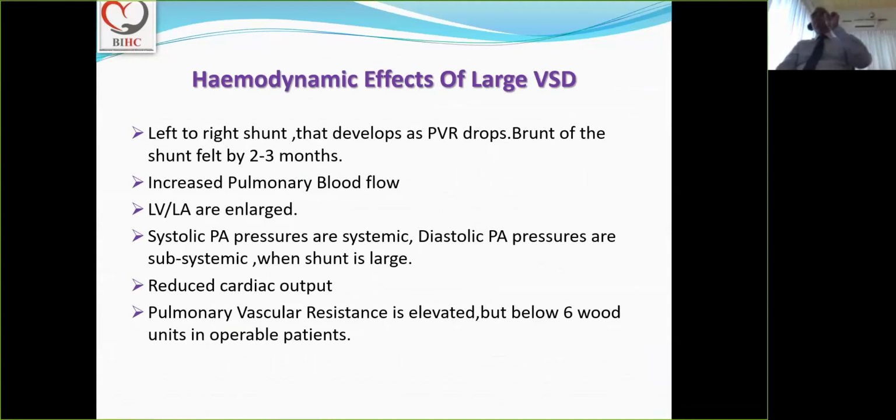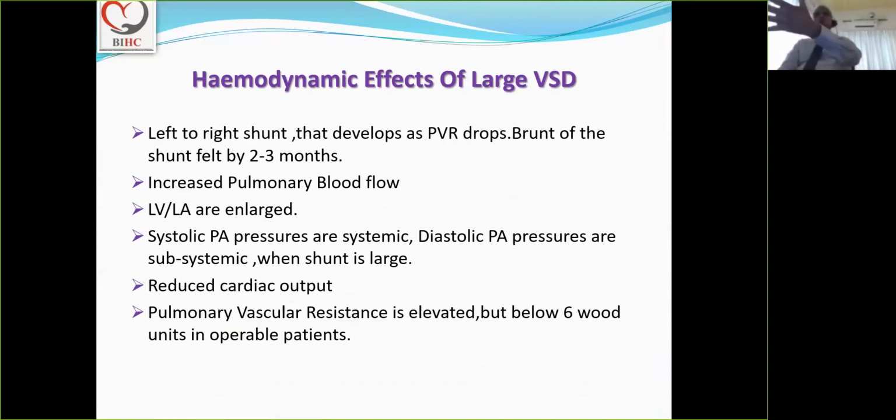And if you were to measure the pressures in the heart in a catheter lab, the PA pressures in systole would be systemic because if the VSD is large, RV and LV pressures are the same, and RV systolic pressure is what the PA systolic pressure would be. But the diastolic pressures in the PA continue to be less than systemic.